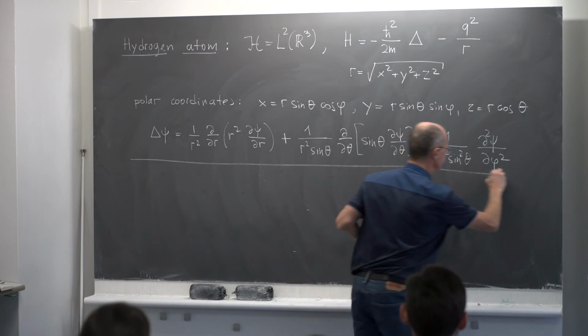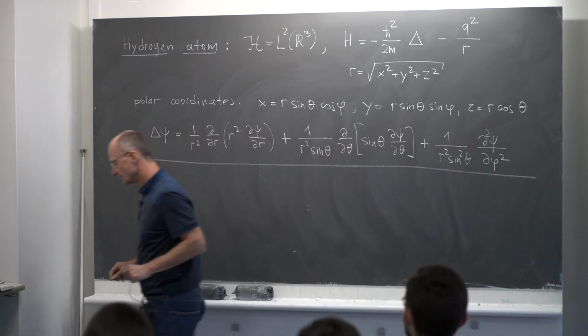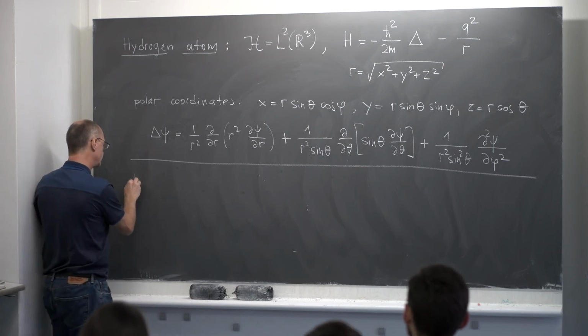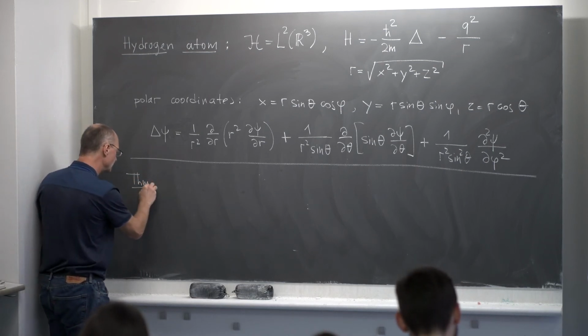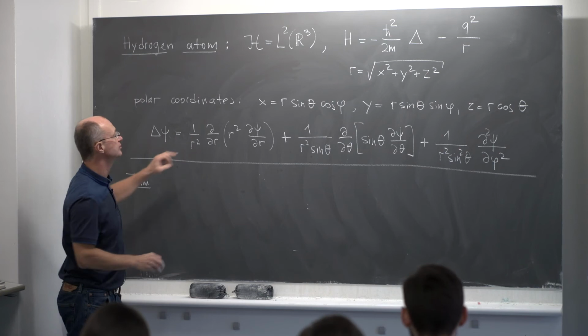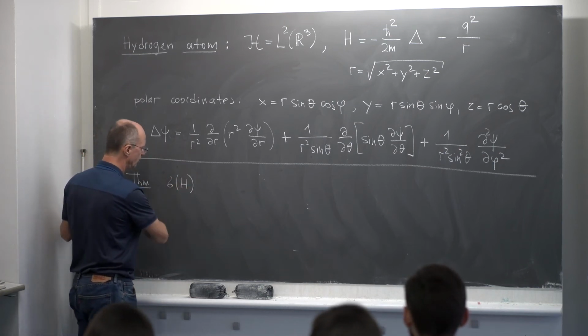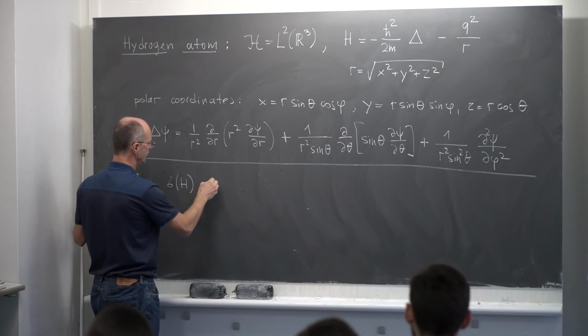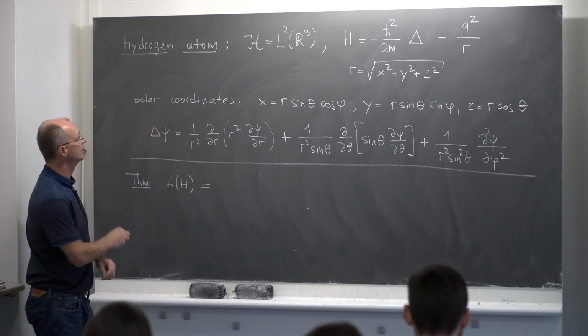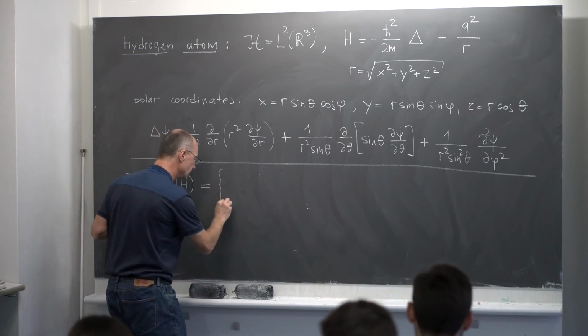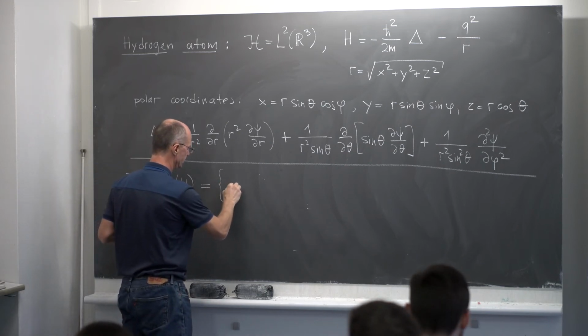So let me formulate a great theorem about the spectrum of the Schrödinger operator of the hydrogen atom Hamiltonian. So the spectrum is given by the following set.